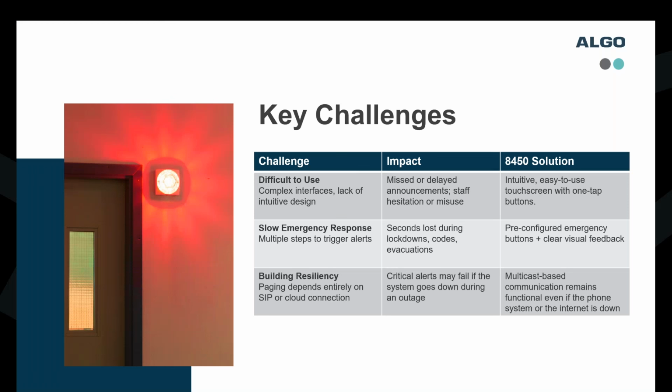If the internet goes down or your phone system goes offline, unless you have fully internal backup systems, it becomes incredibly difficult to ensure the right action is taken during an emergency alert scenario. For a lot of organizations, that's a big vulnerability. So with that, the 8450 comes in. That's really what we built it for.